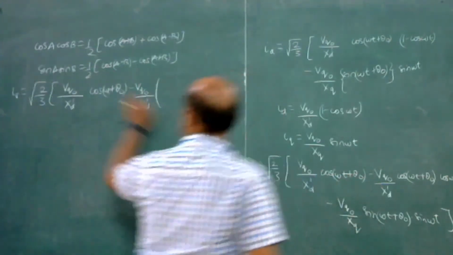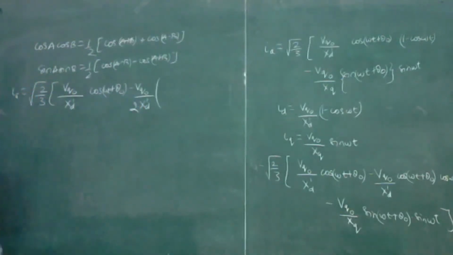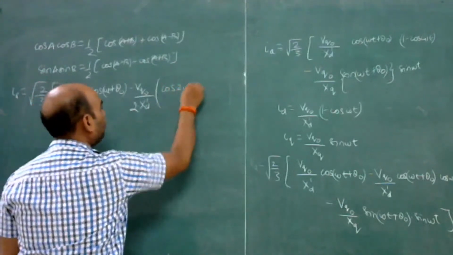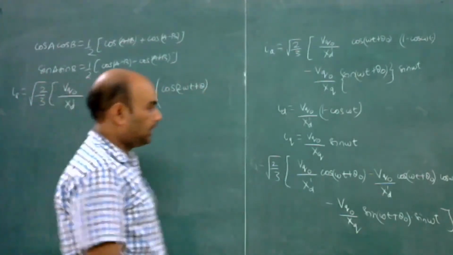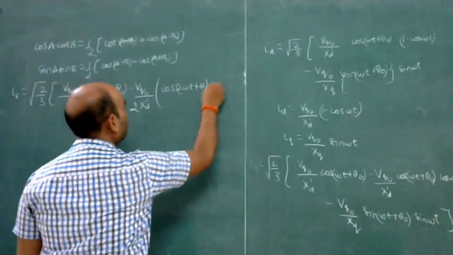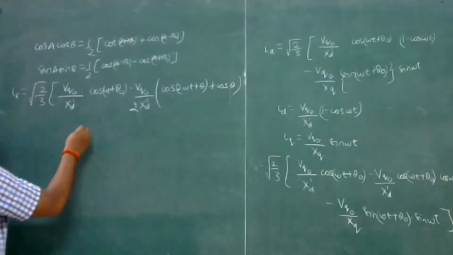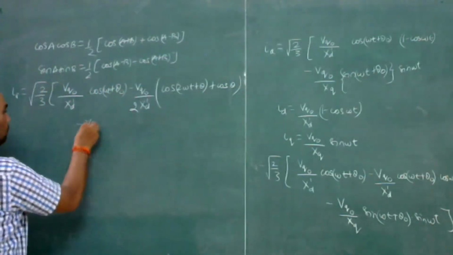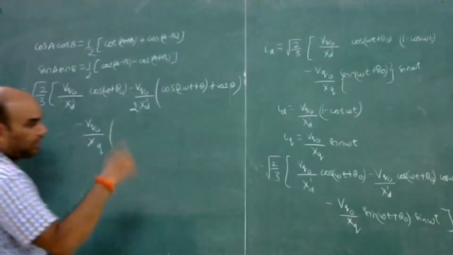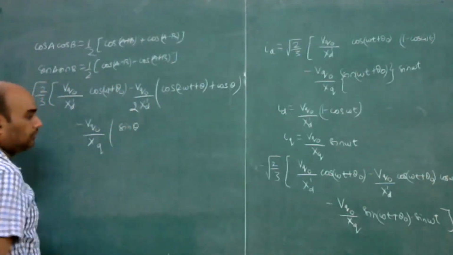So first cos(A plus B), divided by 2. So cos(A plus B) will become cos(2 omega t plus theta), and then A minus B, omega t will cancel out, so plus cos theta. Then Vq naught upon Xq, so this will be sin(A minus B), so omega t will cancel out, so sin theta.